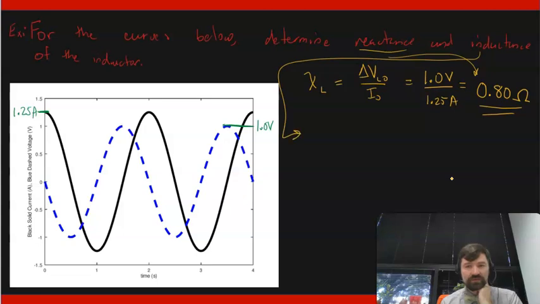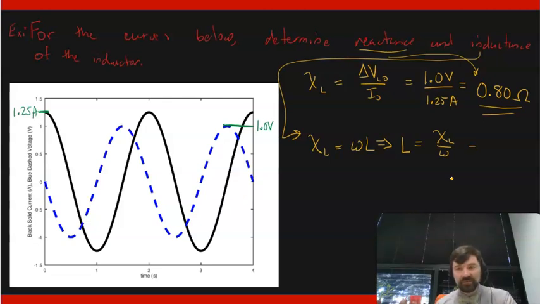We'll say starting down here, we know chi L is omega L, so L would be chi L over omega. We know that omega is given by 2 pi divided by the period.